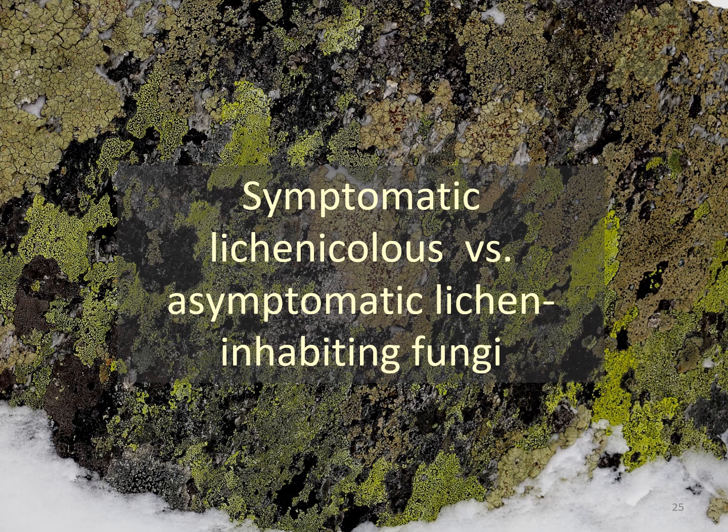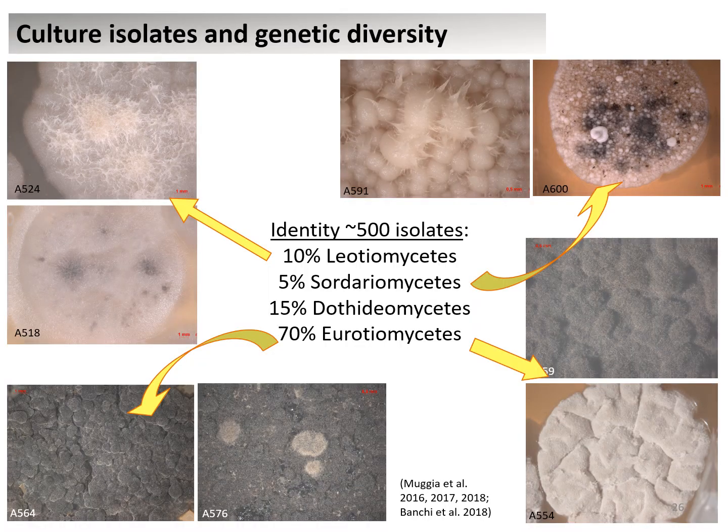But we have also many other fungi in lichens, and these fungi can be symptomatically present on the thalli, and they are usually recognized as the lichenicolous fungi, but they can also be asymptomatic, and they inhabit the lichen thalli, and they can be detected only when they are isolated in cultures.